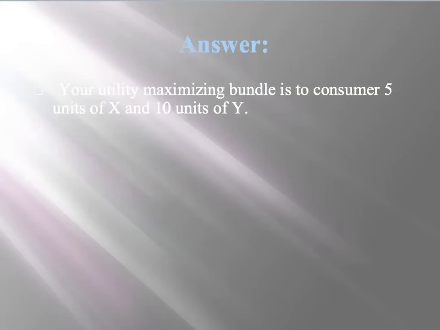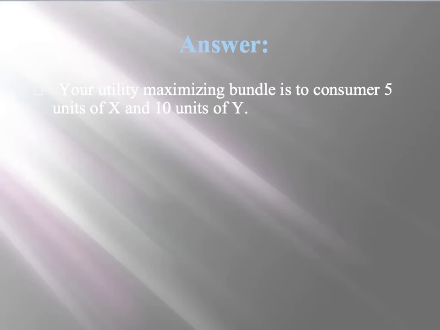So what we can say with this Lagrangian approach is that given the preferences, the utility function of the individual, and given the budget constraint and the prices of the goods x and y in this situation, the utility maximizing bundle to the consumer is going to be 5 units of x and 10 units of y.